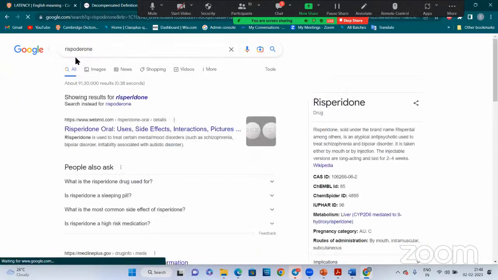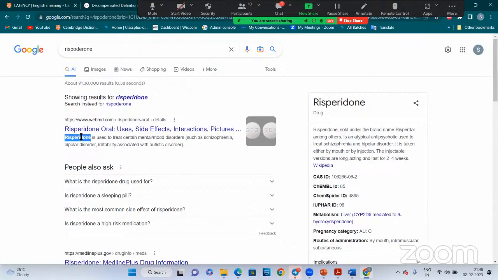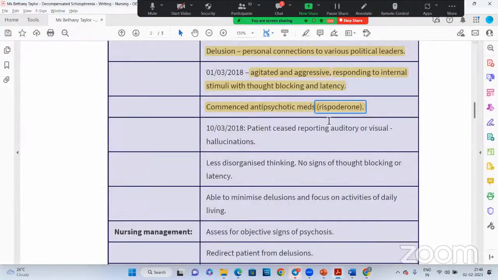Yeah, there is nothing called that. It is risperidone only. So this is the correct spelling. We'll correct this one.